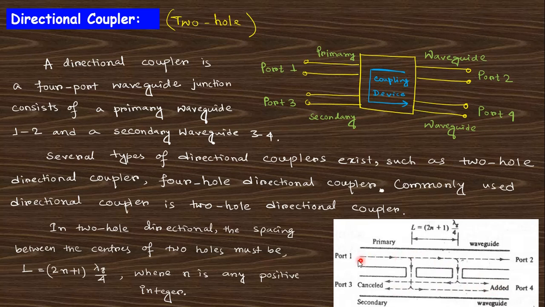You can see here when the input microwave is input from port 1, it comes out in the same phase at port 2. This can be a two hole or four hole directional coupler, but in this discussion we want to discuss the two hole directional coupler.